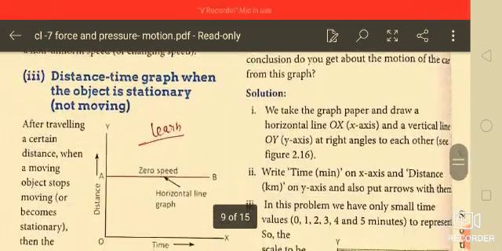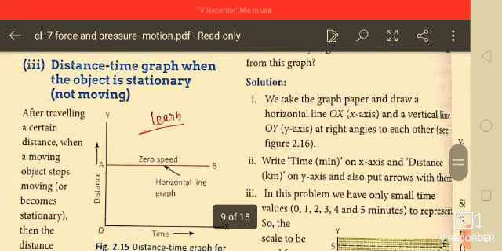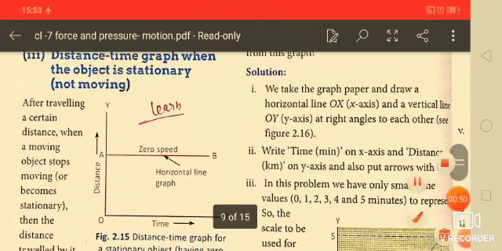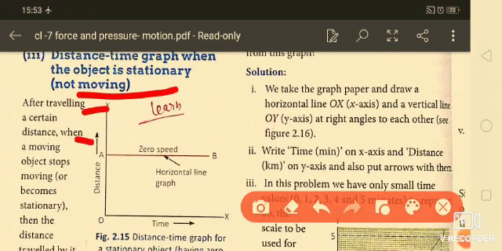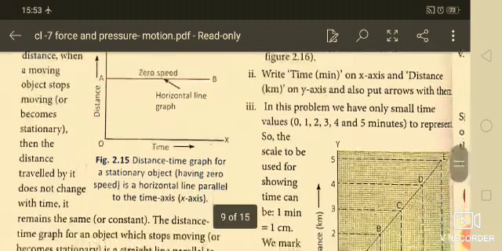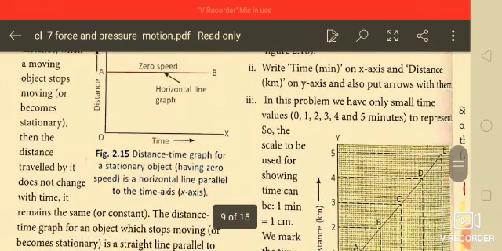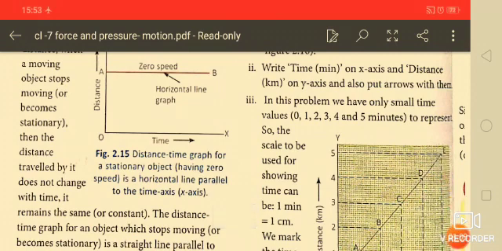Now, the distance time graph when the object is stationary, that means when the object is not moving. After traveling a certain distance, when a moving object stops moving or becomes stationary, then the distance traveled by it does not change with time.